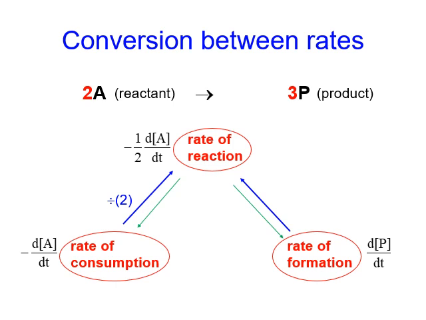Similarly, the product rate of formation divided by coefficient 3 also gives you the rate of reaction. Conversely, from the rate of reaction, we multiply by the coefficient. So times 2 gives you the rate of consumption, times 3 gives you the rate of formation.